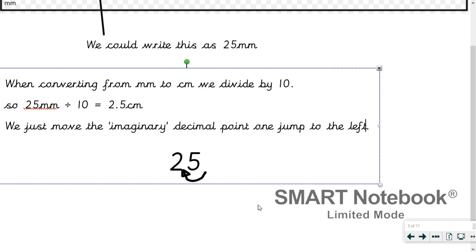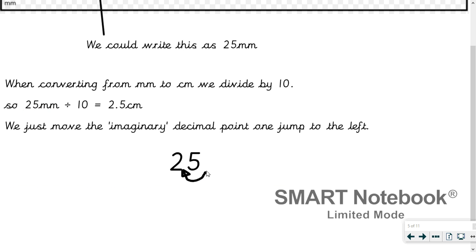There we go. So we just need to imagine it move the imaginary decimal point 1 jump to the left. So it jumps here to between the 2 and the 5, the point goes there, so it's 2.5. So that's how we convert from millimetres to centimetres. To go the other way, to convert from centimetres to millimetres, you do exactly the opposite. You would do the jump to the right by 10.